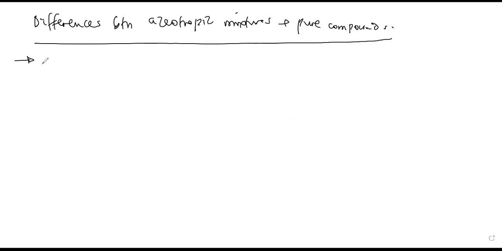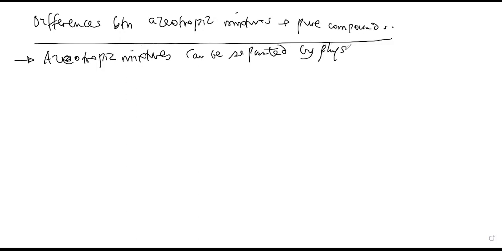You're going to see the methods of separating these azeotropic mixtures, but azeotropic mixtures can be separated by physical means, being mixtures. Two, they cannot be represented by simple or general molecular formulae.